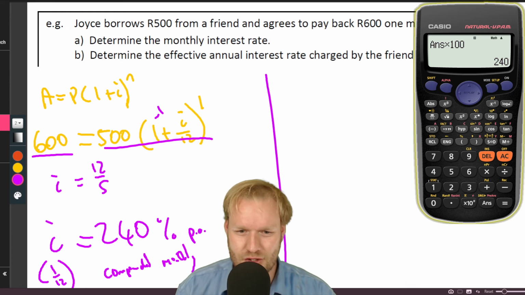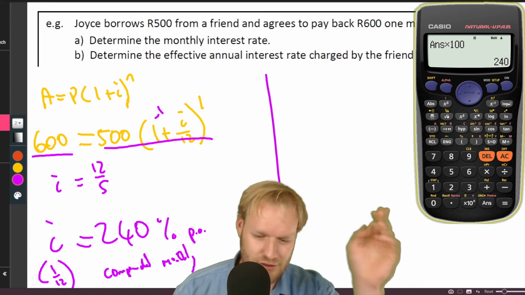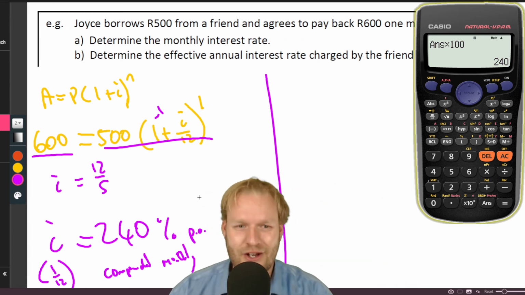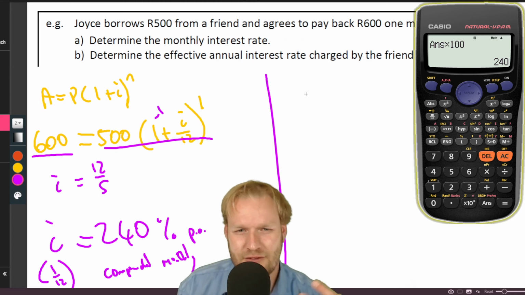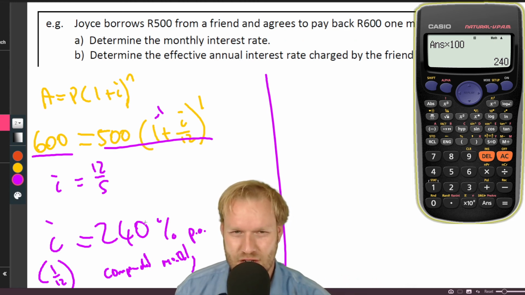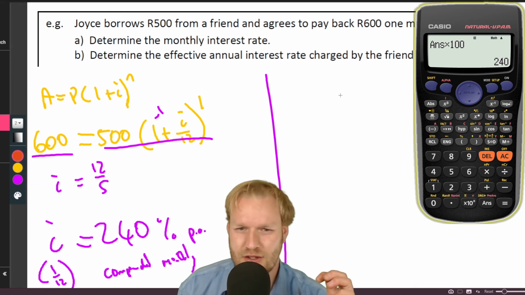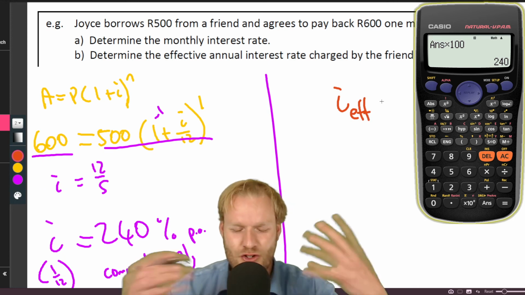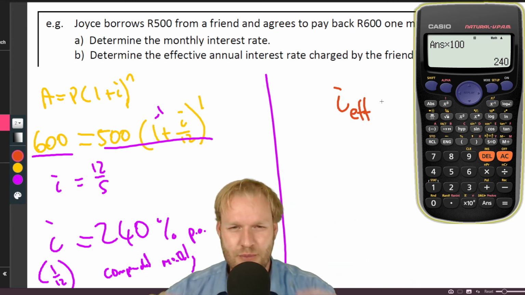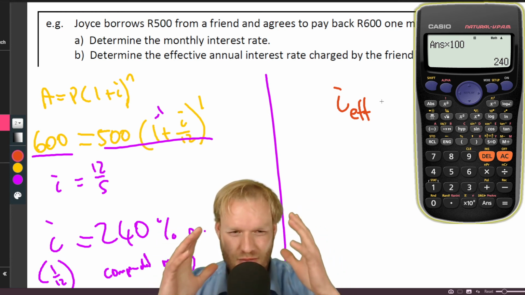Now, part 2 of the question says determine the effective annual interest rate charged by the friend. So that's the nominal interest rate, 240%. When we work out the effective interest rate, the annual one, should that be a higher percentage or a lower percentage? Maybe you've got an idea.